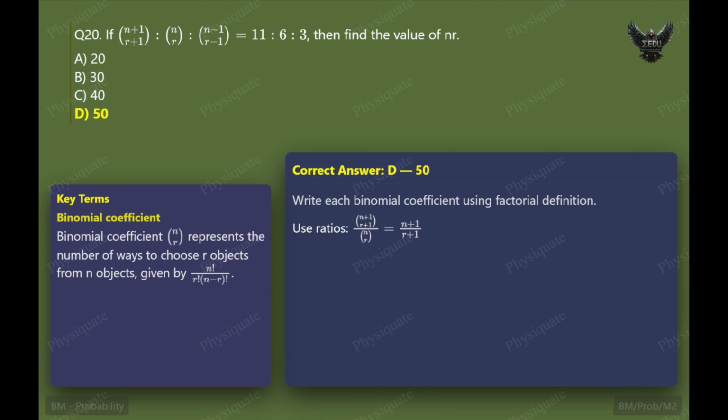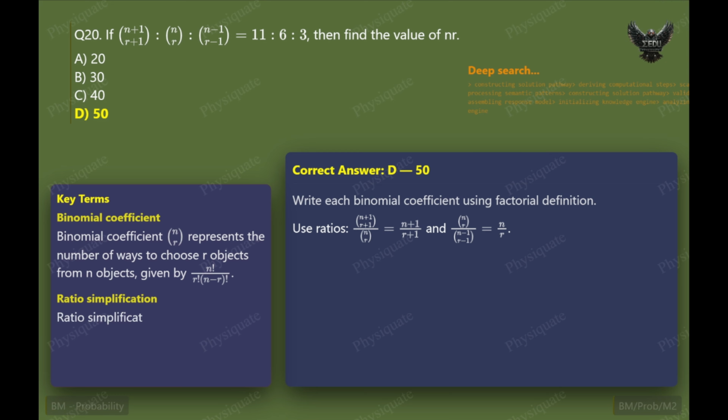Use ratios. The ratio of consecutive coefficients gives n plus 1 divided by r plus 1, and the next gives n divided by r. Let us examine ratio simplification.